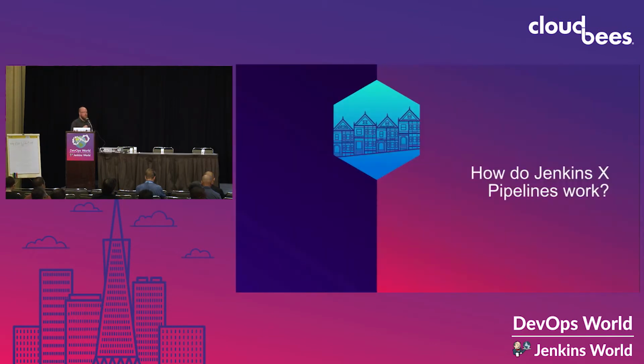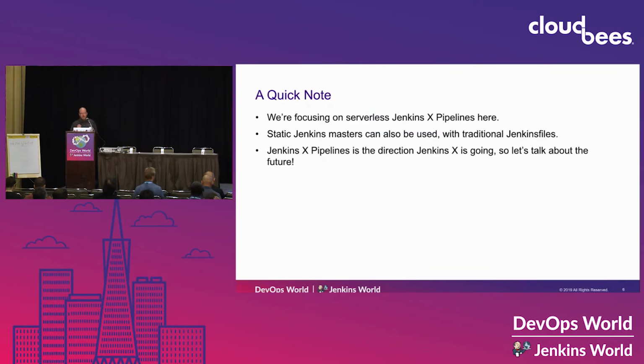So how do Jenkins X pipelines work? A quick note. There are two ways to run pipelines in Jenkins X. There's what I'm going to be talking about here, serverless Jenkins X pipelines, and then there's static masters, which use traditional Jenkinsfiles.